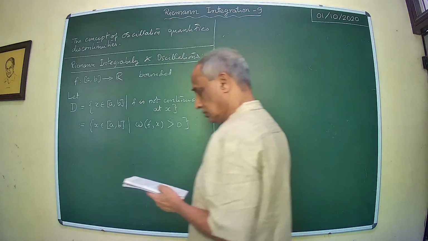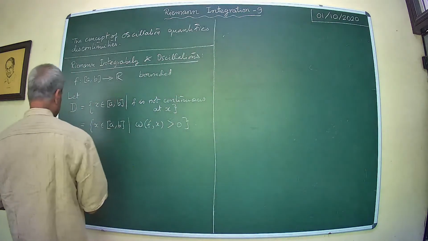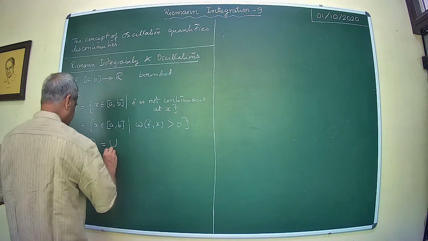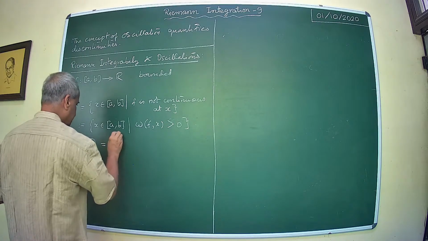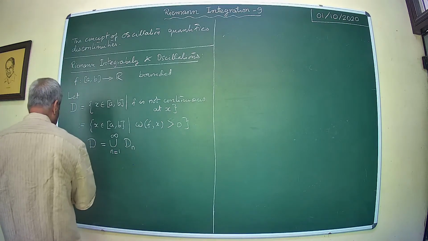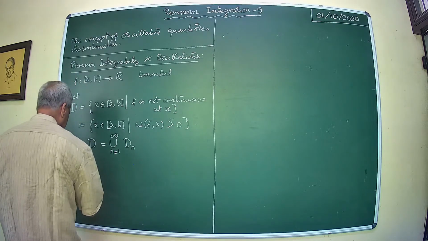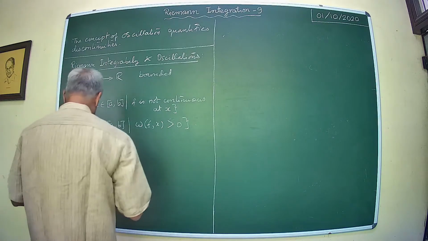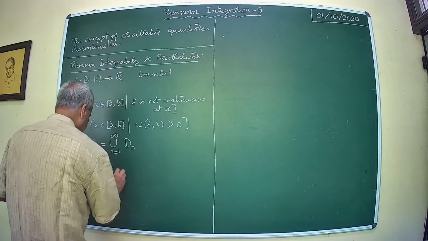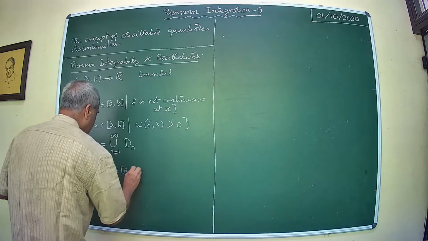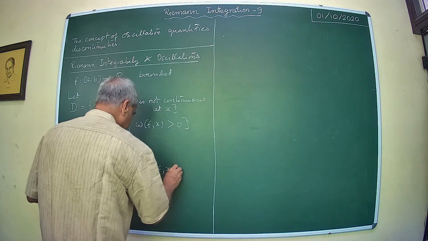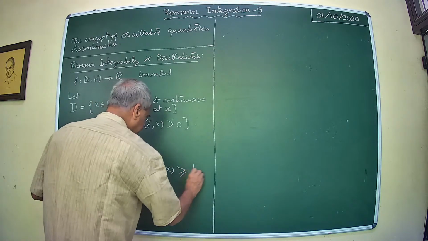Now you can see that D can be written as the union from n equal to 1 to infinity of Dn, where Dn is defined as the set of all x belonging to [a,b] such that omega f at x is greater than or equal to 1 by n.